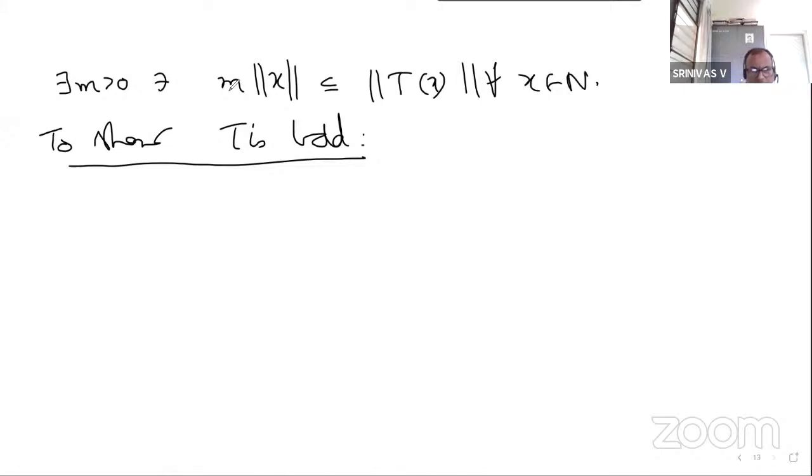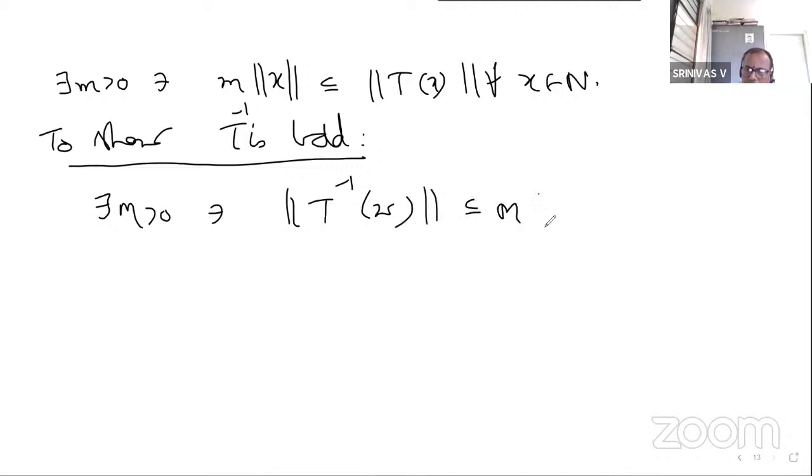We should have there exists a capital M positive such that norm T inverse of W is less than or equal to M times norm W for all W coming from n dash. To show T inverse is bounded, we should be able to produce a positive constant M such that this happens.